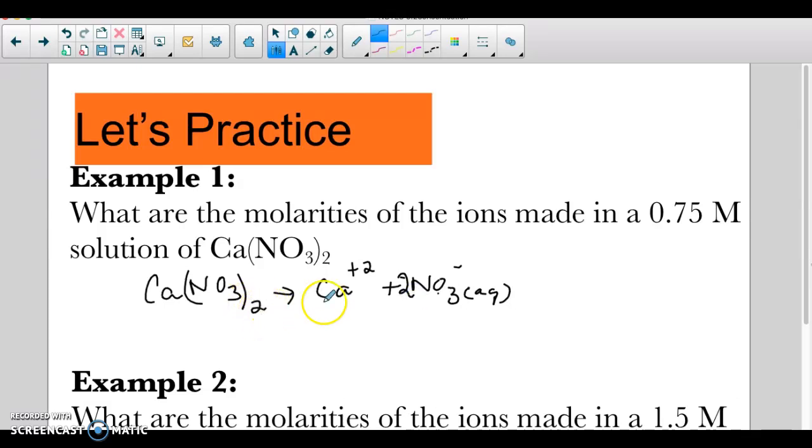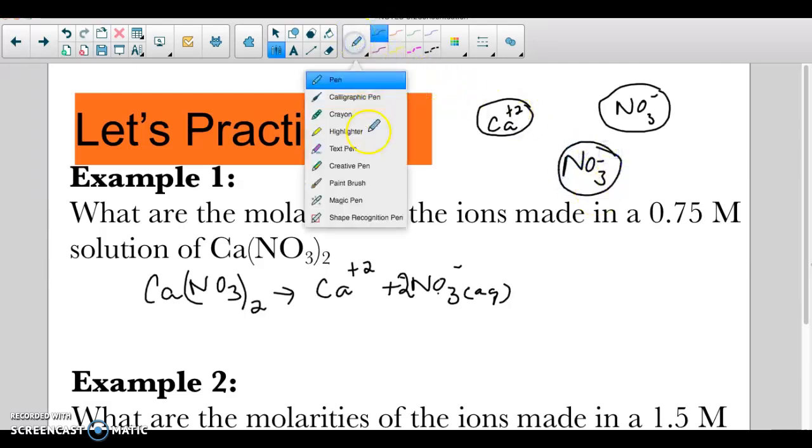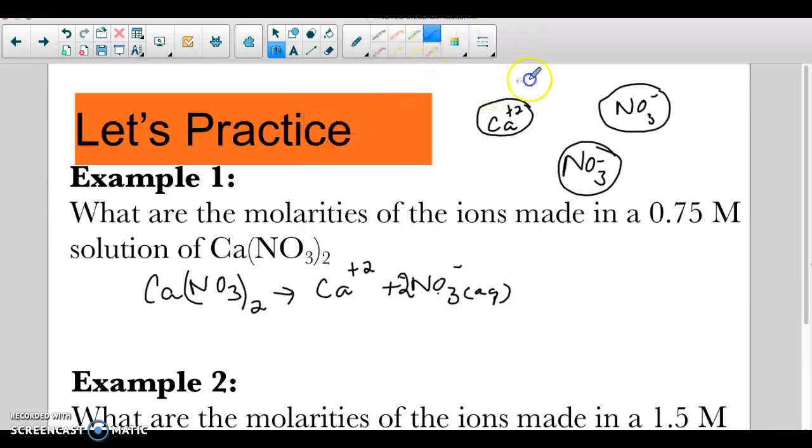So because of this 2, we bring it out in front. So in water, we really have a calcium ion and 2 nitrates, and then water all over in between. So it's kind of like this when you dissolve them.